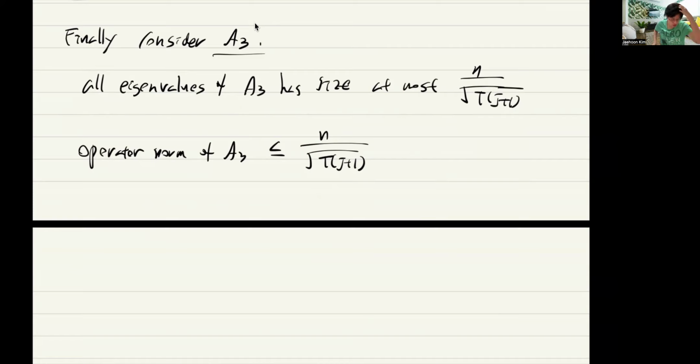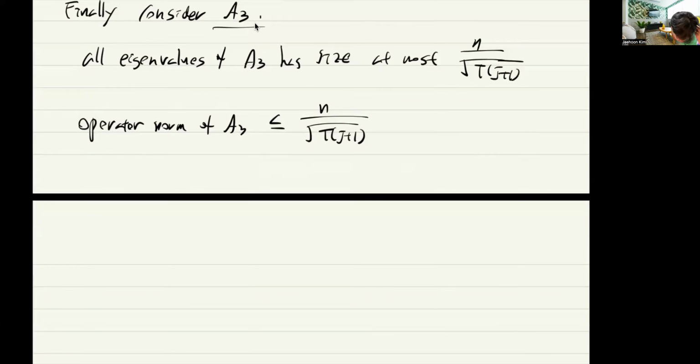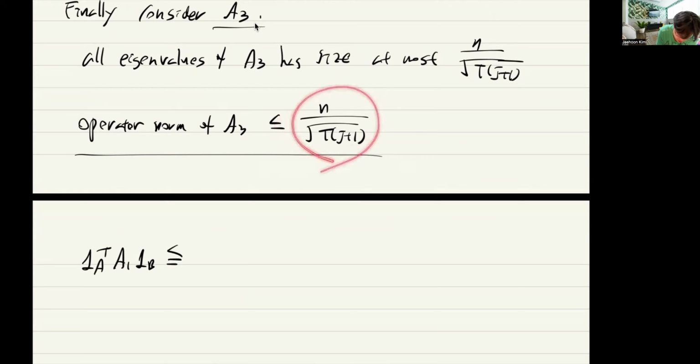So here, the operator norm is saying that in that case, because all the eigenvalues are at most that, we have the operator norm bounded.